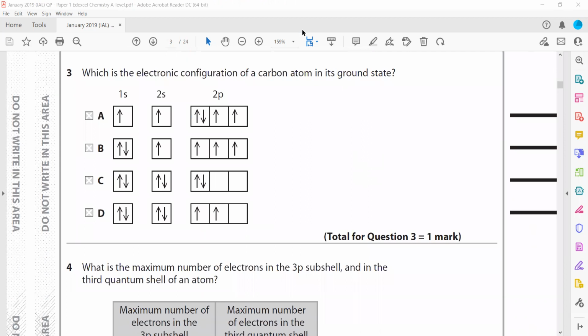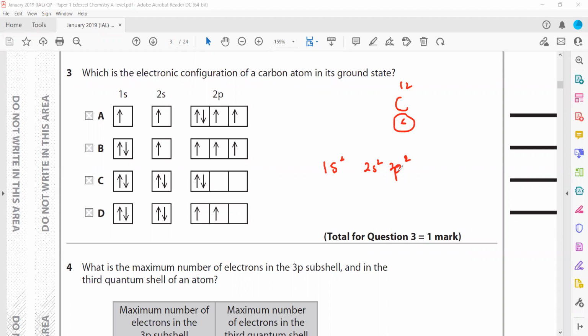Which is the electronic configuration of carbon in the ground state? Carbon is 6 and 12, so 6 electrons or 6 protons are there. What will be the electronic configuration of carbon? It will be 1s2, 2s2, 2p2. 1s has 2 electrons, 2s has 2 electrons, and 2p also has 2 electrons.